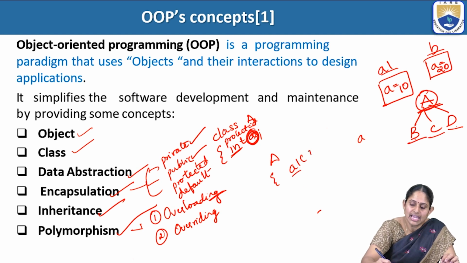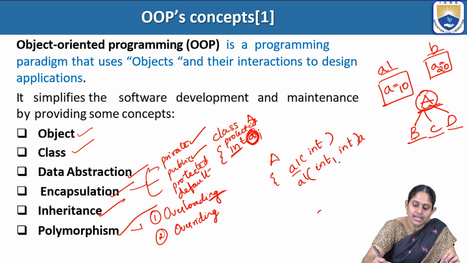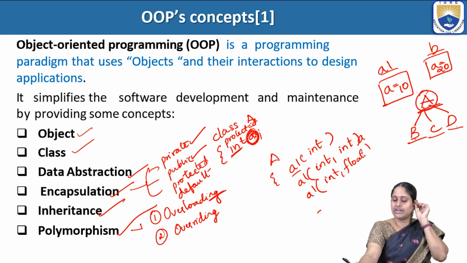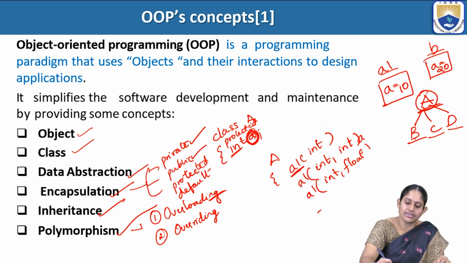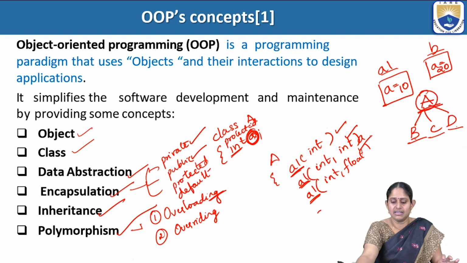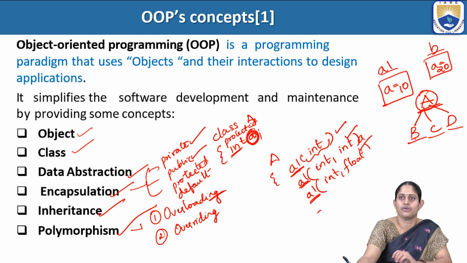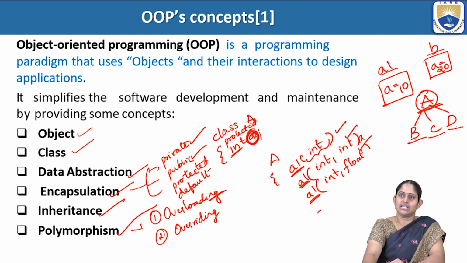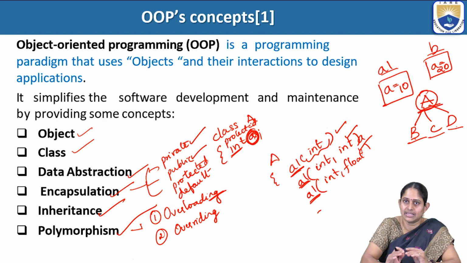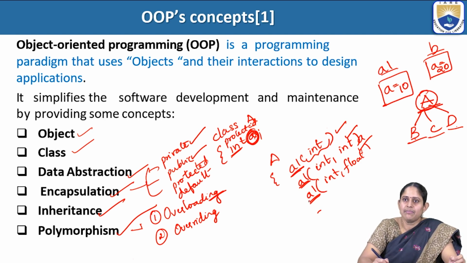So we can have A1 which takes a single integer variable, A1 which takes two integer variables, then A1 which takes an int and a float. These are all examples of method overloading, wherein you have methods with the same name but different signatures.